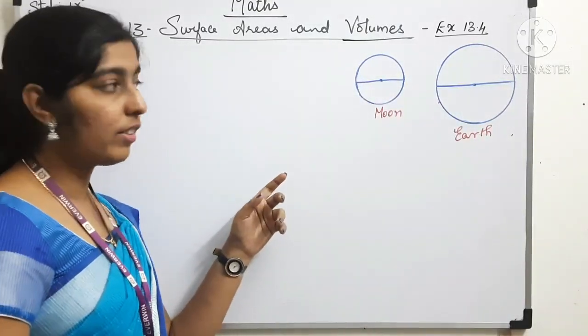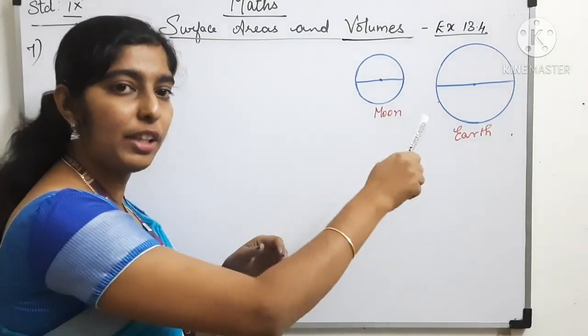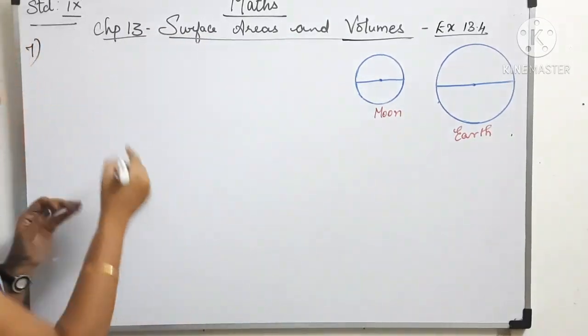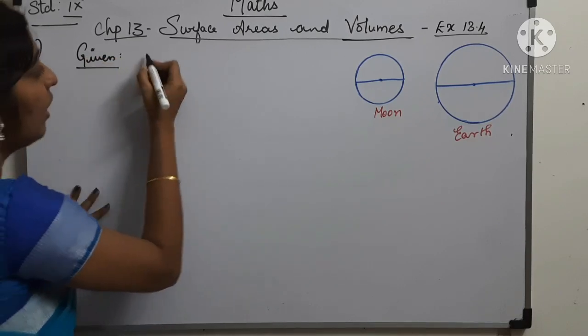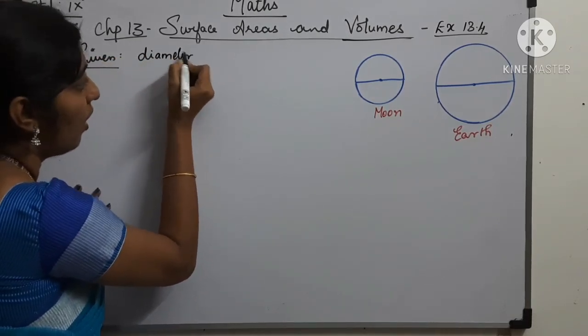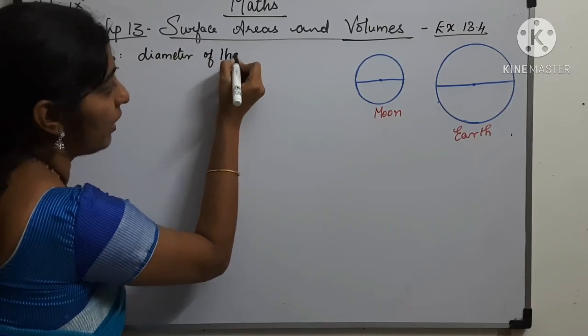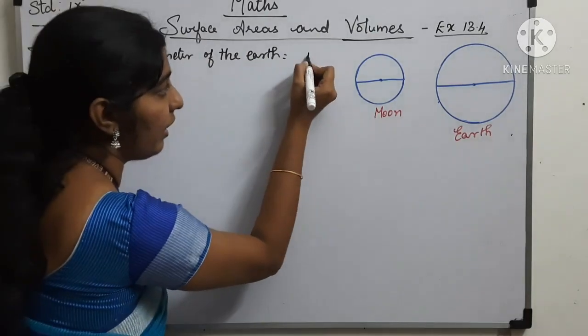Seventh question, what is given? The diameter of the moon is 1/4 the diameter of the earth. So let us write given diameter of the earth is equal to, we will take it as d.